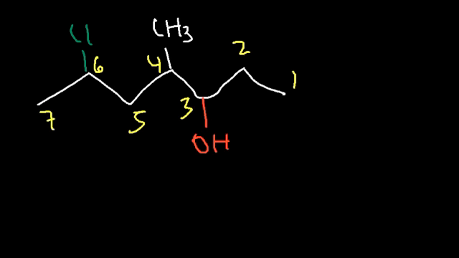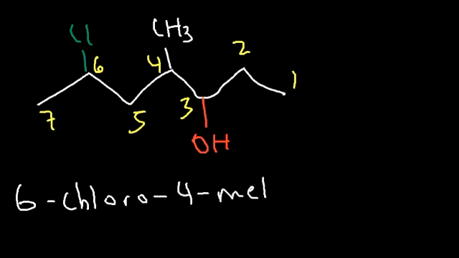If we count it from right to left, the alcohol is going to be on carbon 3. If we go from left to right, it's going to be on carbon 5. So to alphabetize it, chloro comes before methyl. So this is going to be 6-chloro-4-methyl. And instead of saying heptane, it's going to be heptanol, but -3-heptanol.